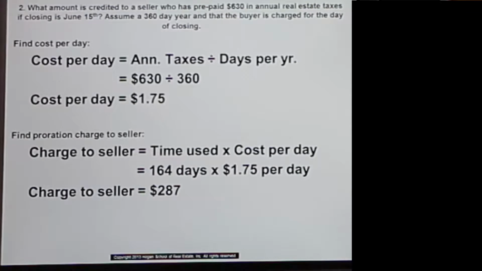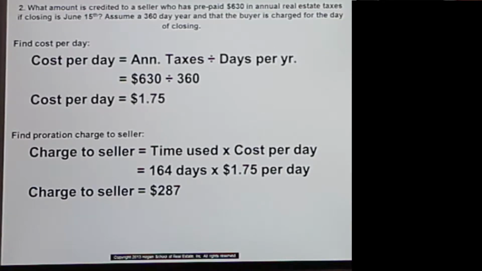Now let's find the actual cost per day. $630 divided by 360 days in the year, our cost per day is exactly $1.75.